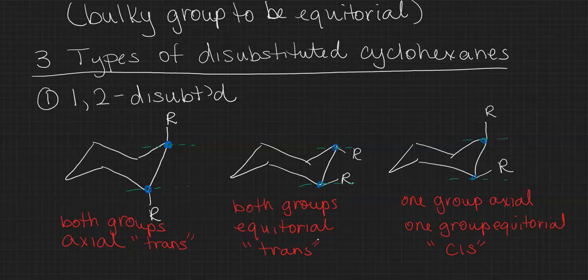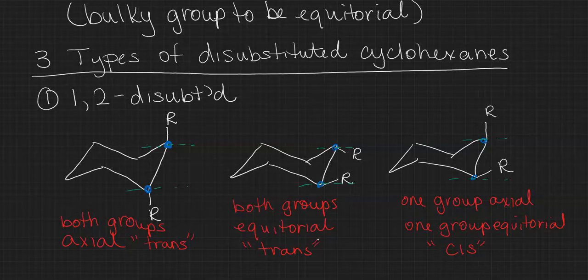So here are three ways that I can see a 1,2 disubstituted cyclohexane. Either with both groups being axial or both groups being equatorial, in which they would be trans to each other. Or I can have one group axial and one group equatorial, in which they would be cis.